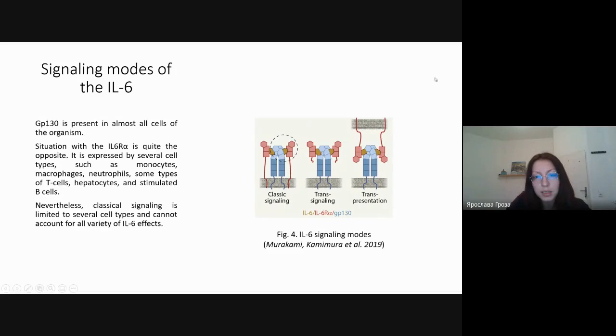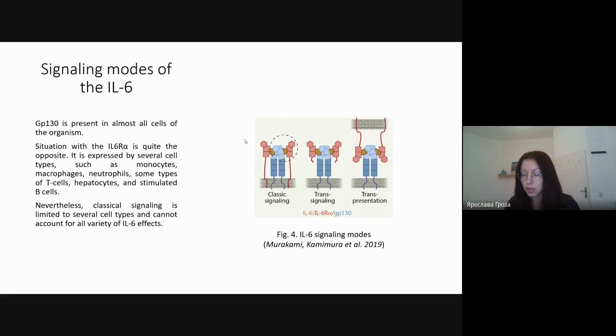So it can bind through the classical signaling pathway when both receptor subunits are present on the cell surface, or it can bind to soluble alpha receptor, and in the composition of this complex, it can activate cells that contain only beta receptor but not alpha.